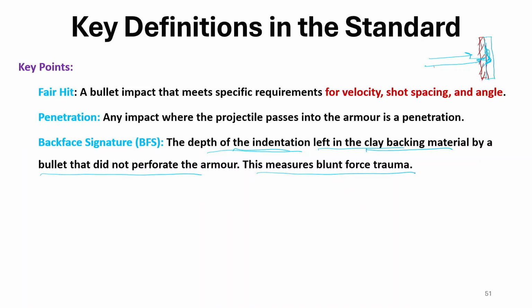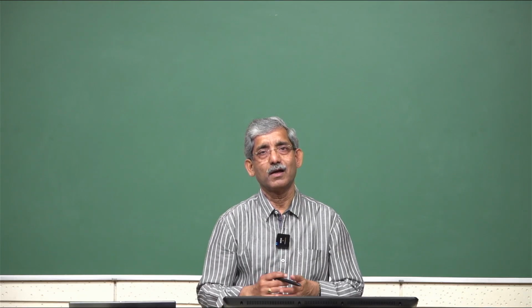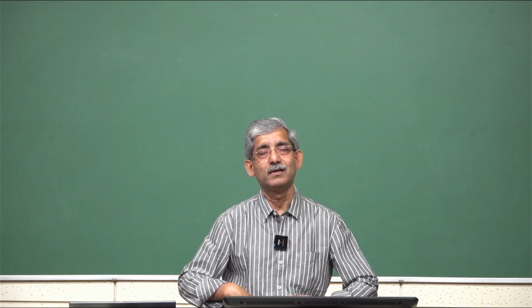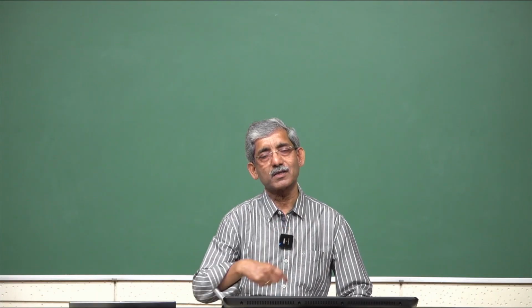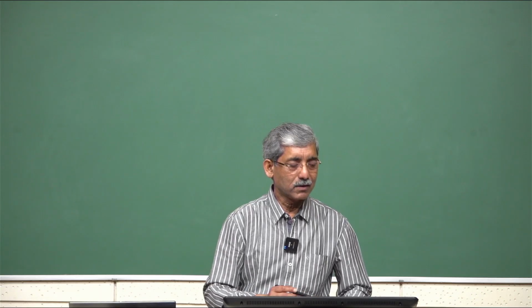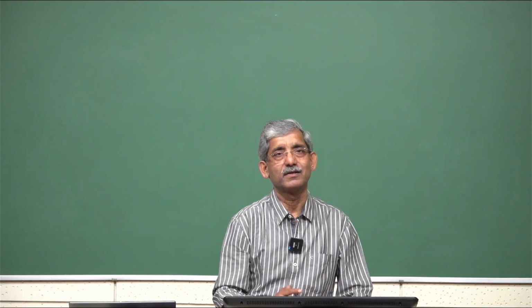Suppose someone is wearing armor and a bullet hits, it is not even penetrated, but due to the deflection of the structure of the armor that actually hits the body of the wearer, and that trauma depends on how much depth it has deflected, that we try to measure by the term back face signature.